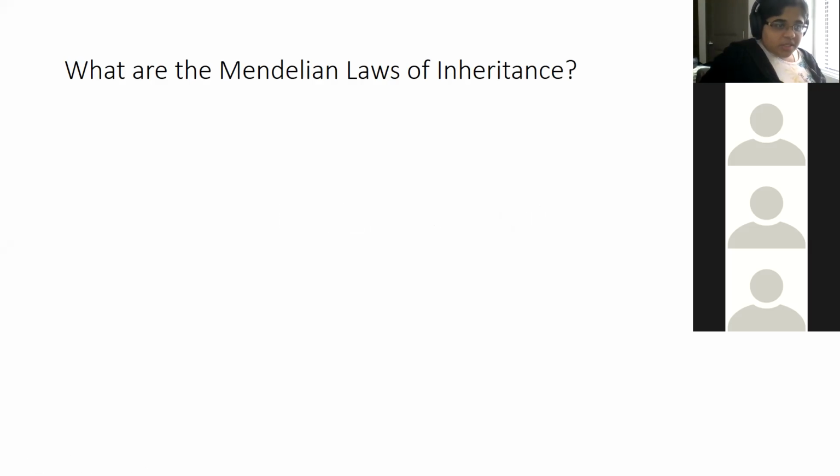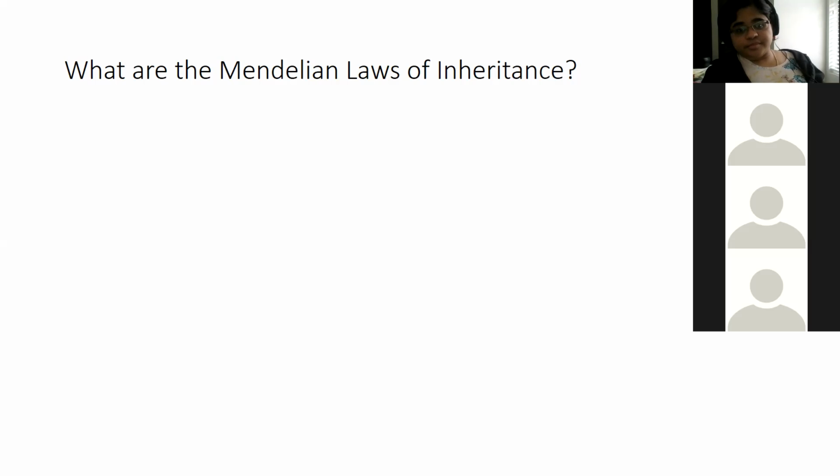So what are the Mendelian laws of inheritance? What's going on with Mendel's laws or postulates? Do you guys remember? One of them was that he said that unit factors exist in pairs. What about the others? Anyone have an idea?